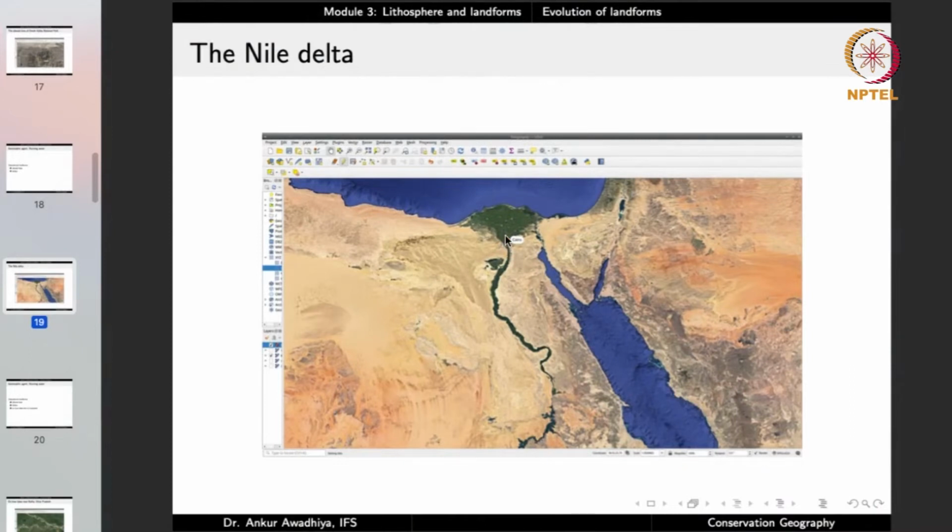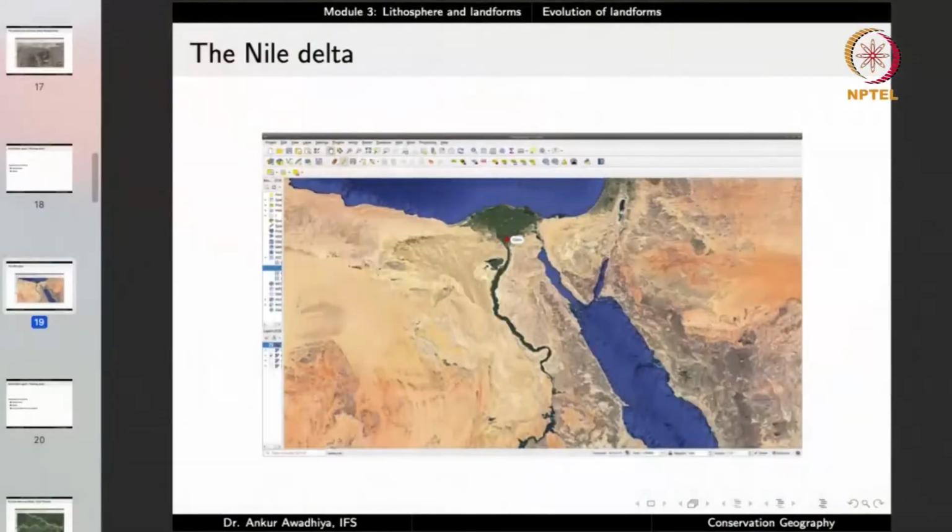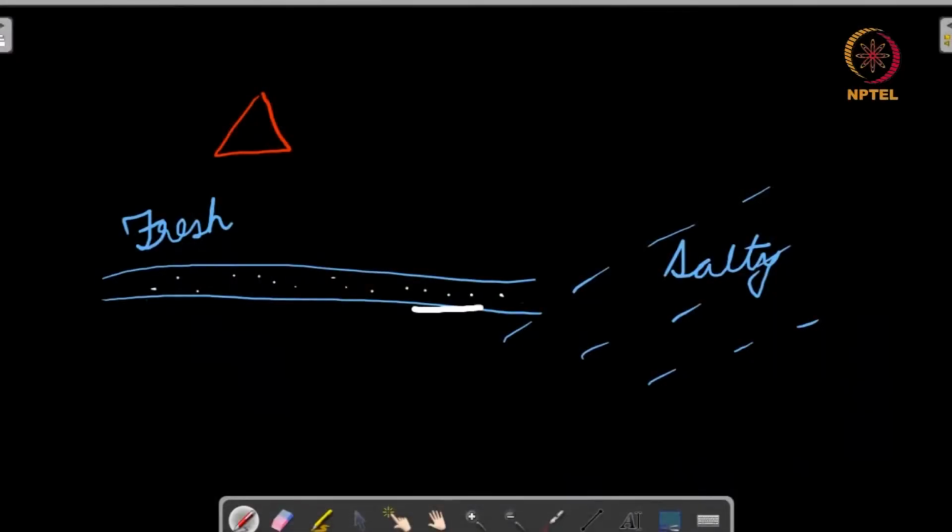Typically also, when you have these precipitations, these depositions of sediments, the relief changes, because earlier the river was moving on this flat area, but now because of this deposition, this area is increasing in elevation. Now if this area increases in elevation, what will the river do? The river cannot go from below to above, and so the river will change its course.